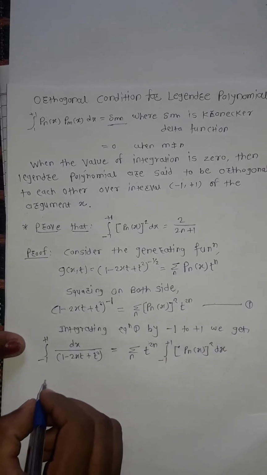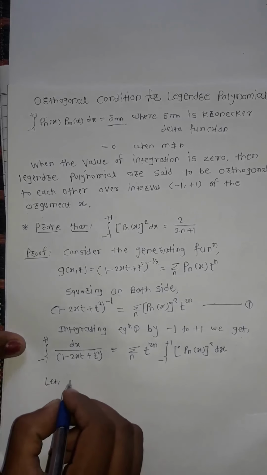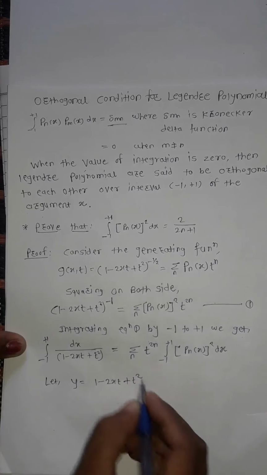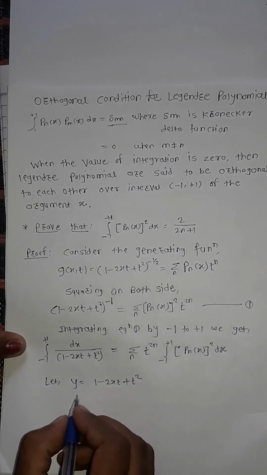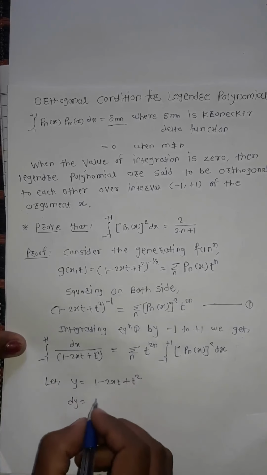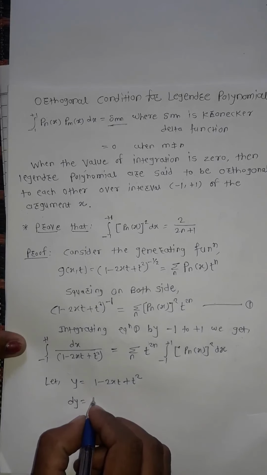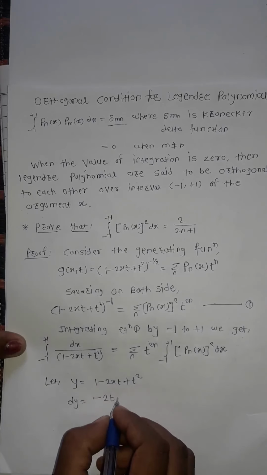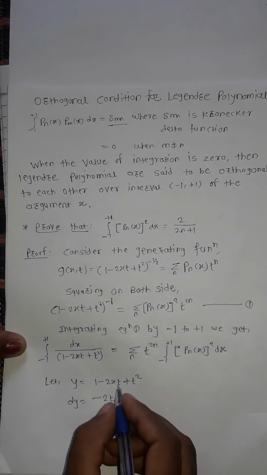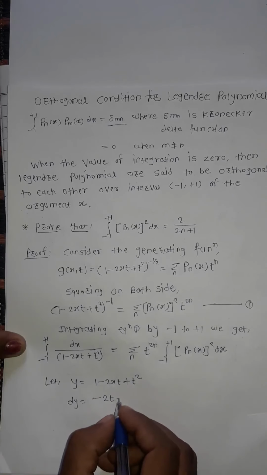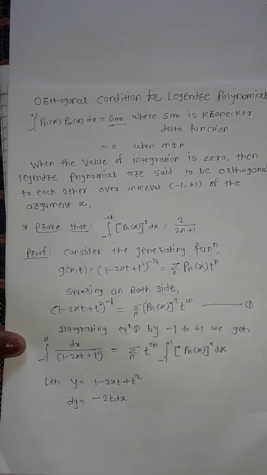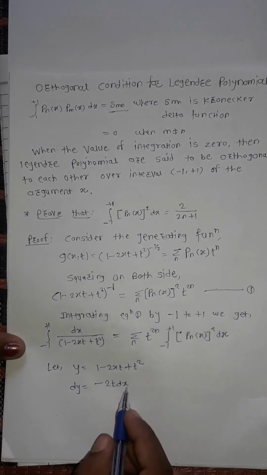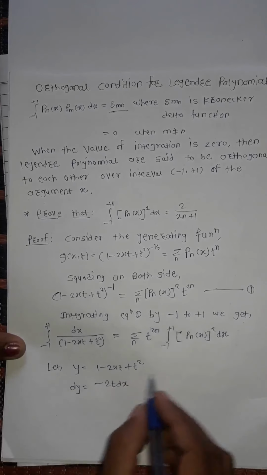Now let us substitute y is equal to 1 minus 2xt plus t square, and dy is equal to what? Differentiating with respect to x, dy is equal to minus 2t dx.